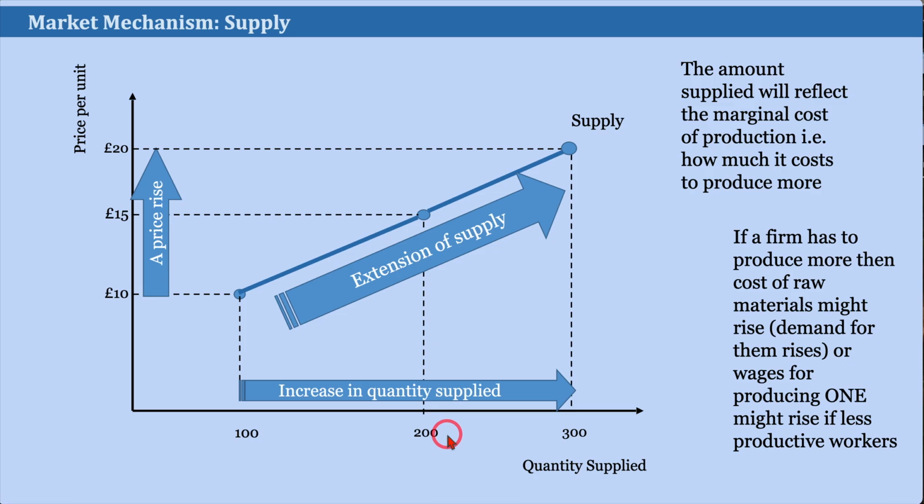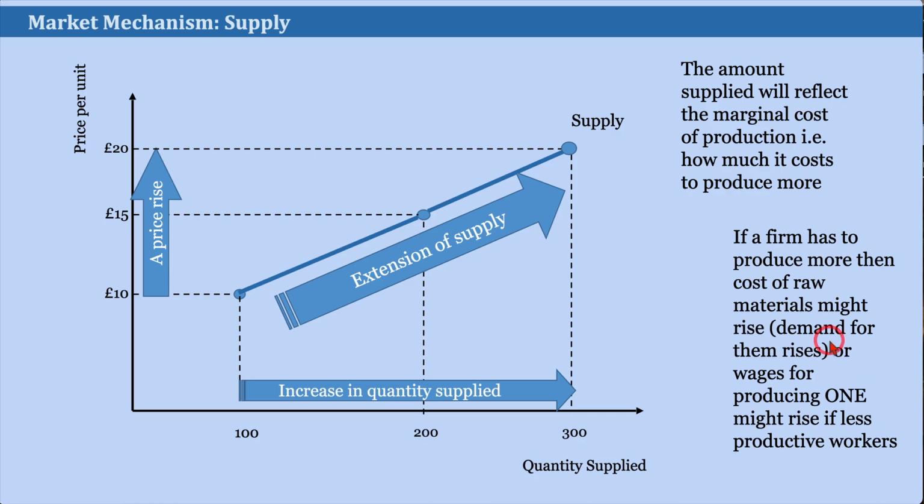And remember, we know that the total costs are going to go up because we're doubling our output as a firm. But the key is, this is the price per unit. So what is the cost per unit, for one good? And there's two ideas here. One is that the cost of the raw materials might go up because the demand for the raw materials is going up.